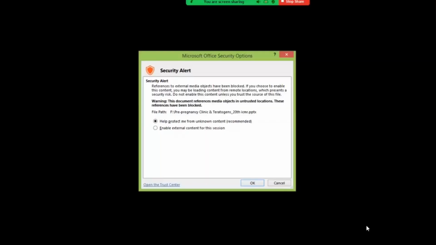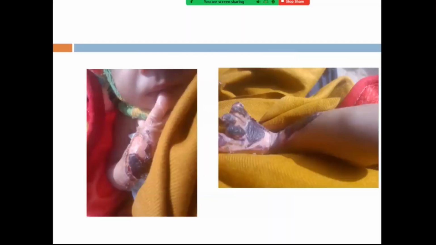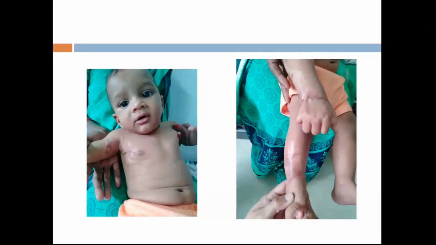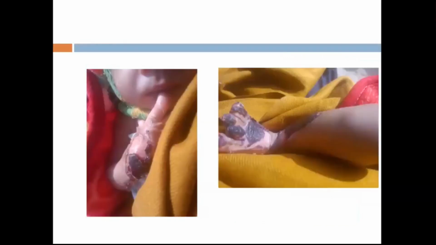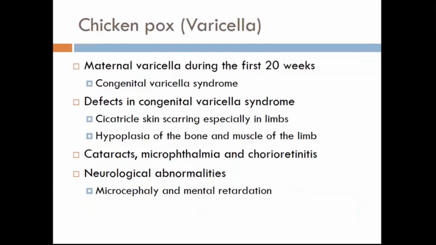So this was varicella, and had it been epidermolysis bullosa, the child would have got lesions all over the body, and bullous lesions will keep on occurring, right? So this is a 9 or 10 months old baby who had this cicatricial skin lesion, developmentally normal. So this is congenital varicella, right? And this is after the newborn. So she got the picture of the newborn. So this is congenital varicella or chickenpox.